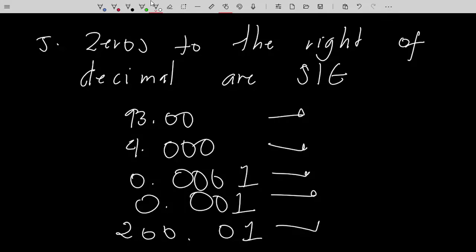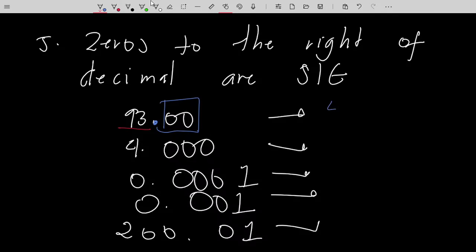First example, we have 93.00. First thing to do is count all the non-zeros. We have here 9 and 3, and we have a decimal point here. Applying the rule, zeros to the right of the decimal are significant. So these zeros are located right after the decimal, so these two zeros are significant.